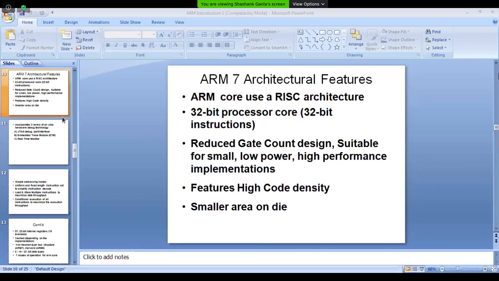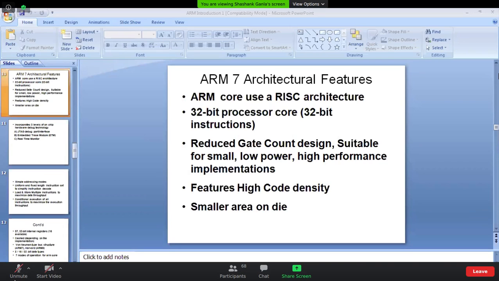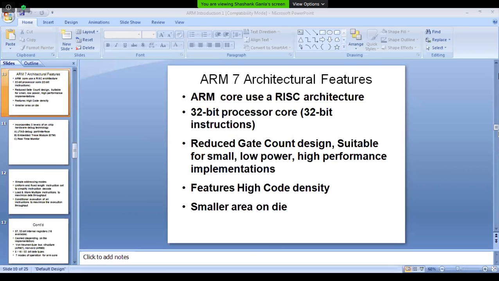So I'm just trying to give an idea that when an application is written using the ARM instruction set, it takes more space. When the same application is written using the Thumb instruction set, it may take slightly more instructions than for the ARM instruction set. But even so, the overall size of the program is reduced.